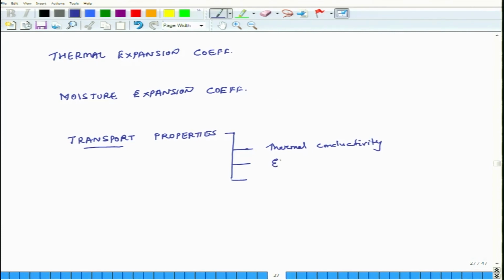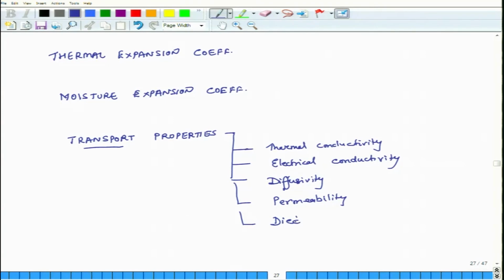Then electrical conductivity. Then we have diffusivity. Then we have permeability, magnetic permeability and electric permeability, and we can also have dielectric constants.